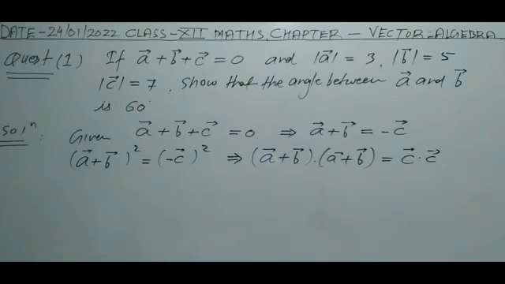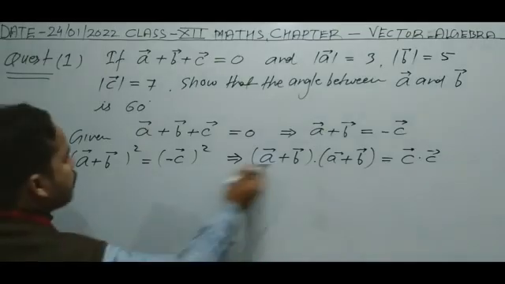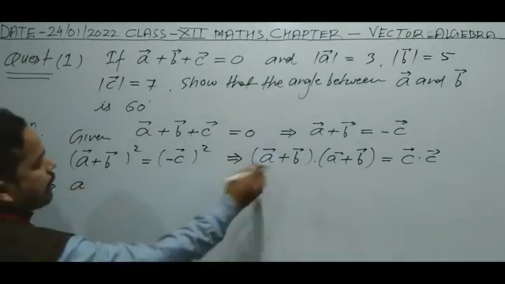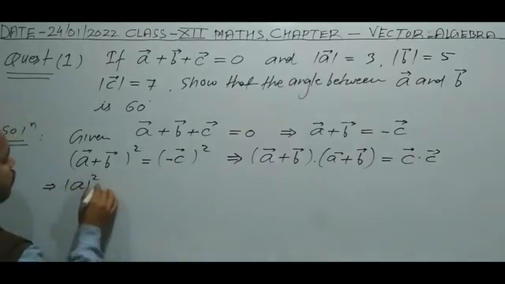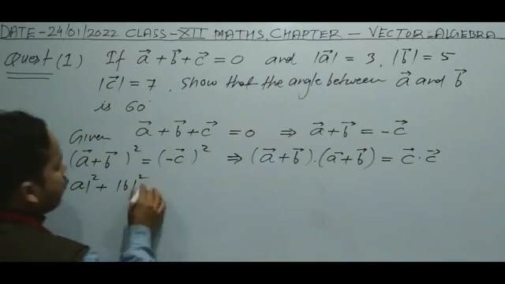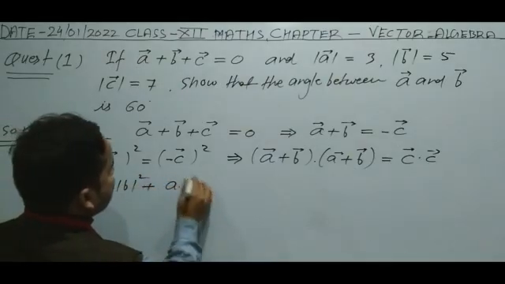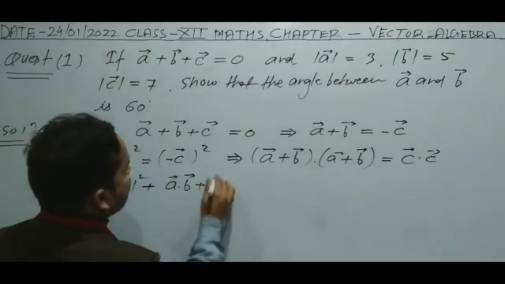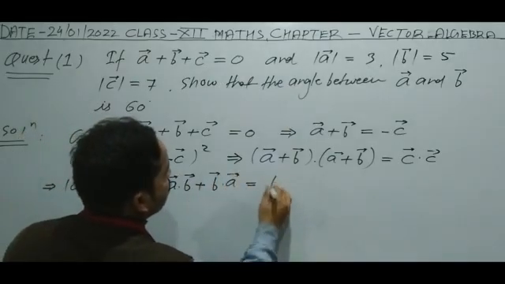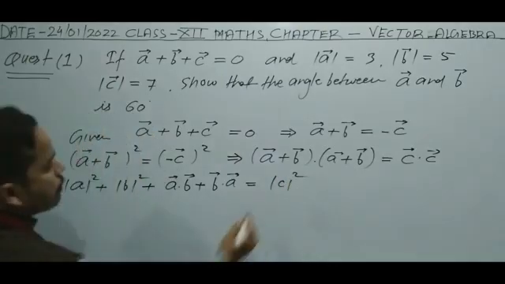Now you will see we are going to multiply. So this result will be vector A into vector A, meaning mod of vector A whole square, plus mod of vector B whole square, plus vector A dot B plus vector B dot vector A is equal to mod of vector C whole square.